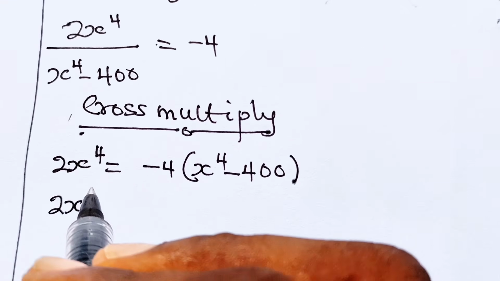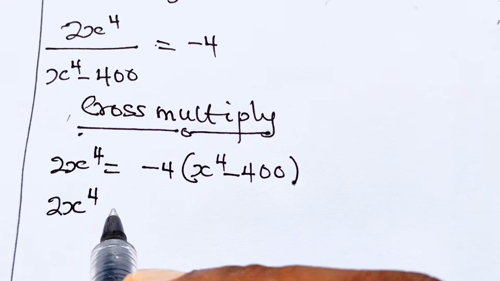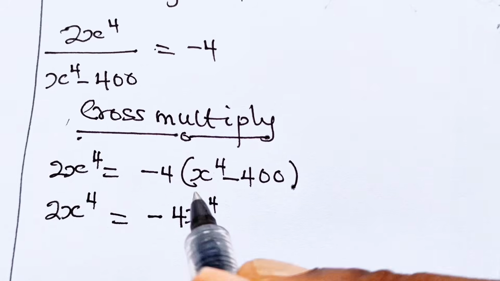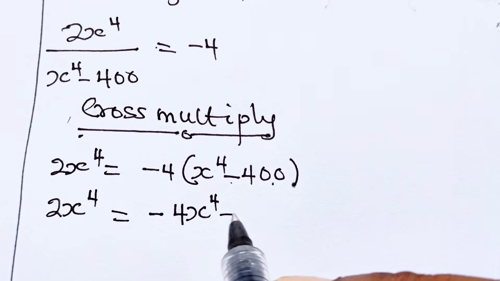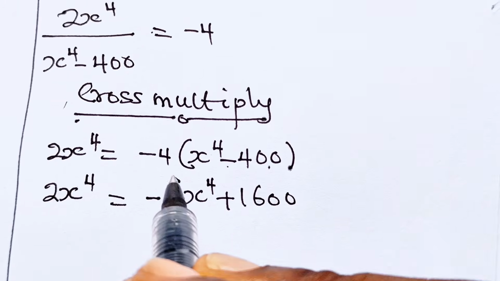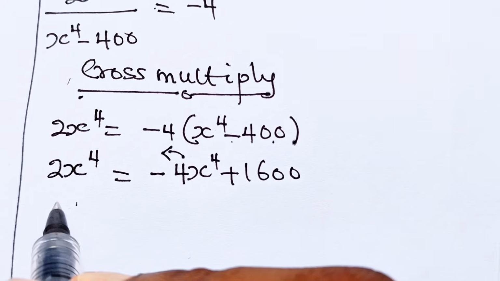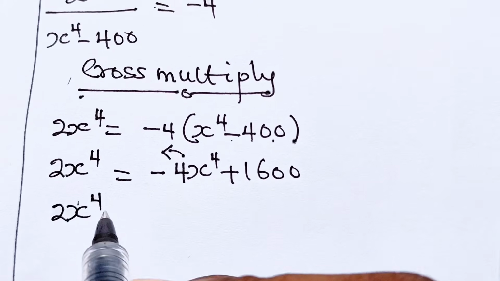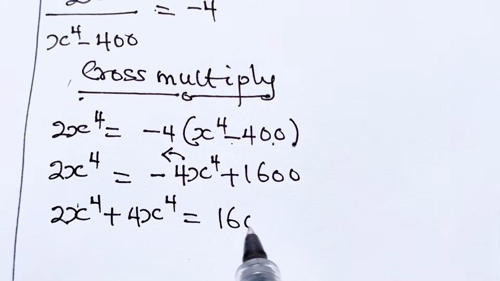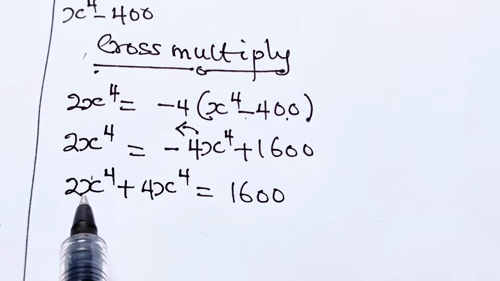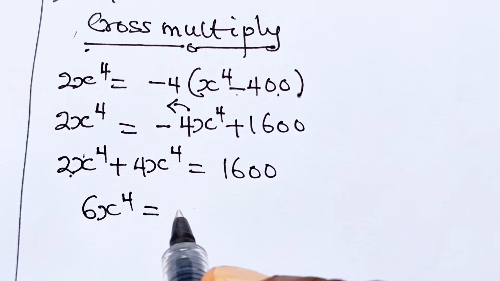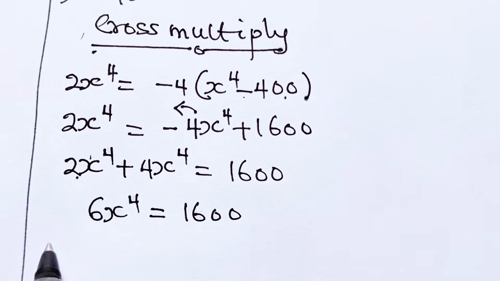So we have 2x to the power of 4 is equal to minus 4x to the power of 4, and minus 4 times minus 400 is plus 1600. Now, if we transfer this to the other side, we will have 2x to the power of 4 plus 4x to the power of 4 is equal to 1600. Now, this plus this is 6x to the power of 4 is equal to 1600.